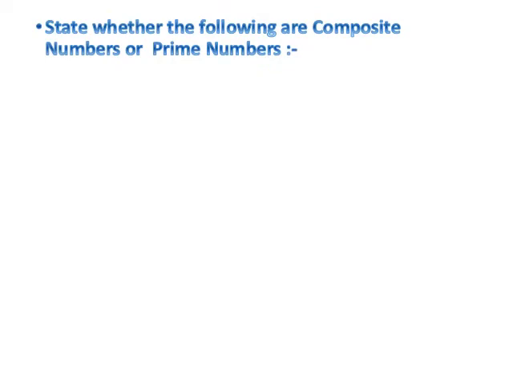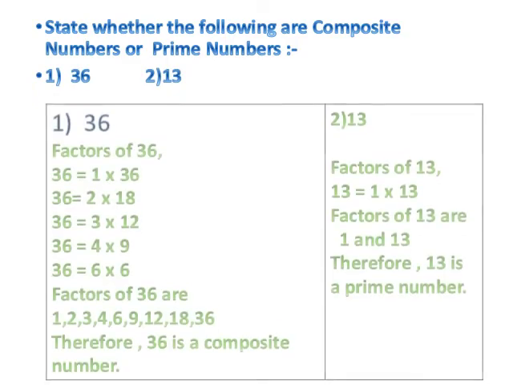Now see some examples. Here we have to check whether the given numbers are composite or prime. Composite means more than 2 factors and prime means only 2 factors; we have to remember that. The numbers are 36 and 13.